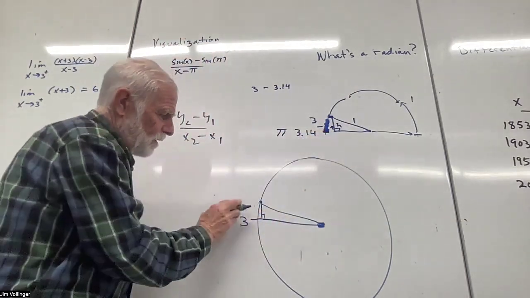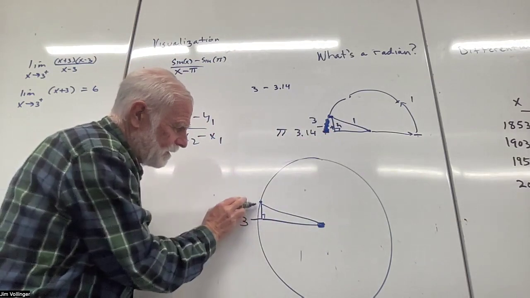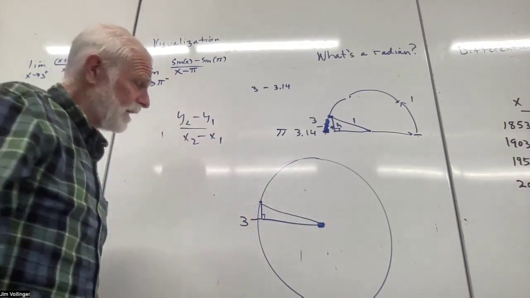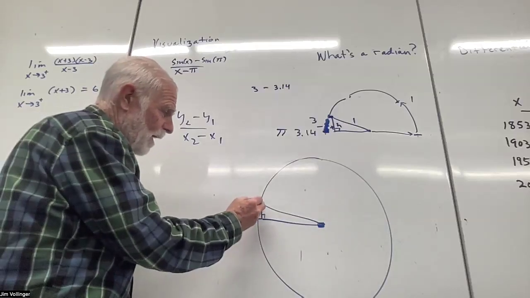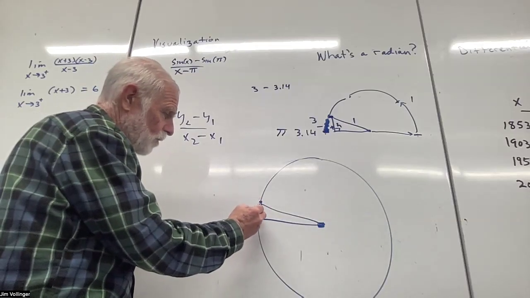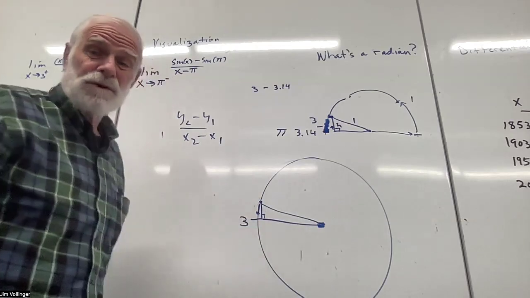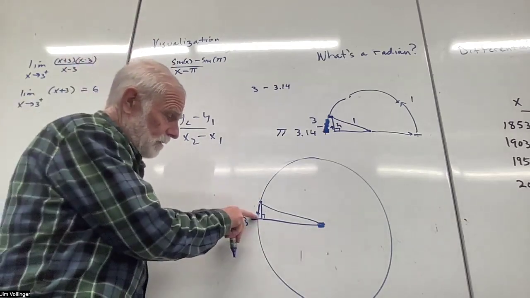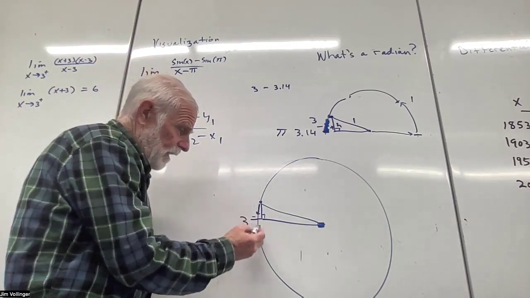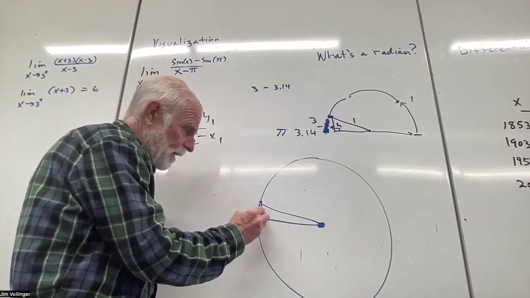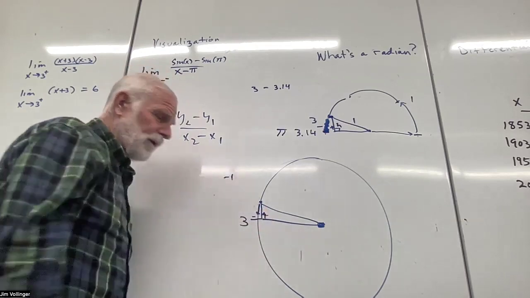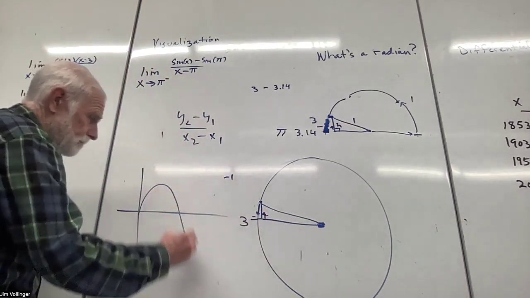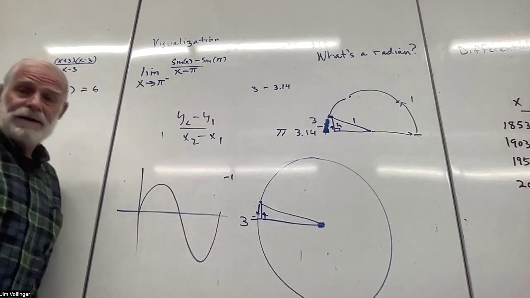You know, I blew it up here, but you can kind of hopefully see that that arc length and that altitude are pretty much the same. Now, as I move towards pi, they're going to get even closer and closer and closer. Okay, but remember, this little bit is negative. This little bit over here is going to be positive. And so I'm going to get -1. Well, let's look at the sine function. Okay, where's pi?